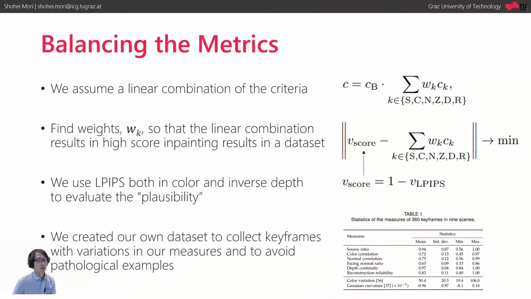Now we have defined 5 rules, or metrics, and somehow we need to balance them to get the final metric score or value. To do this, we assume a linear combination of the criteria. Thus, our goal here is to calculate the weight, WK. To find the weights, we minimize the difference between the calculated score and our balanced score.